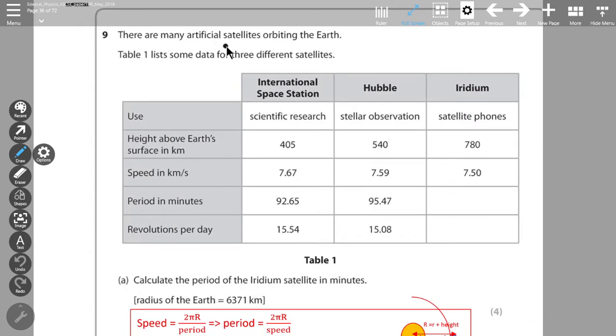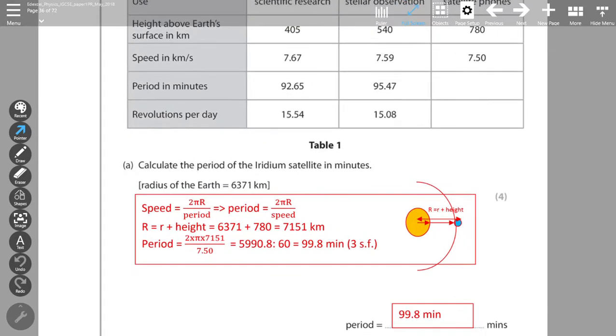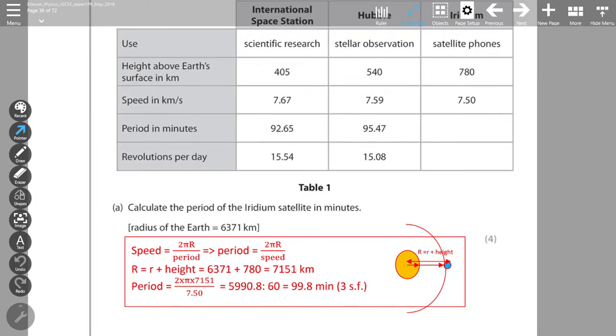There are many artificial satellites orbiting Earth. Table 1 lists some data for 3 different satellites. So 1, 2, 3 satellites, and this is data. Calculate the period of the Iridium satellite in minutes.